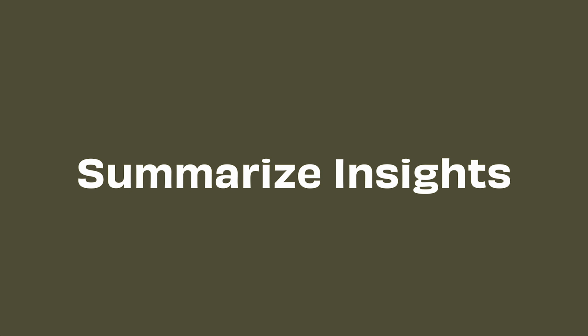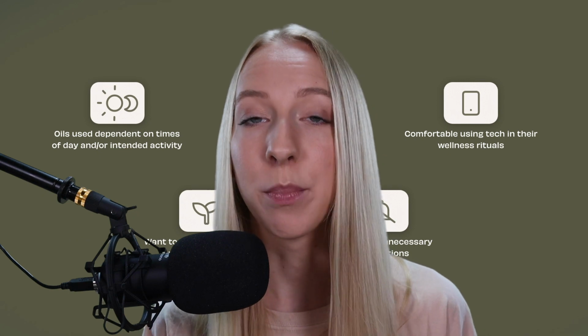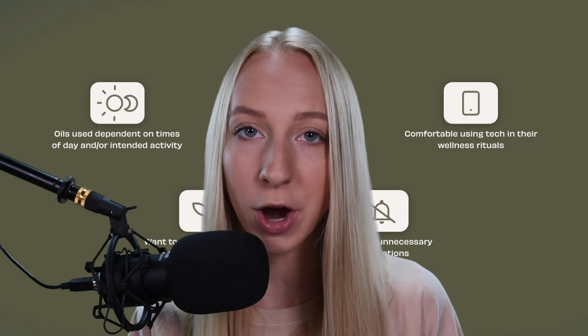Okay, so now you've written down your initial reactions, some really standout quotes or insights, and you have your empathy map. So now you can kind of summarize your findings and insights. And the way I did this was just by calling out the 5 most important insights that prove my hypothesis and are really going to drive the direction of my project.